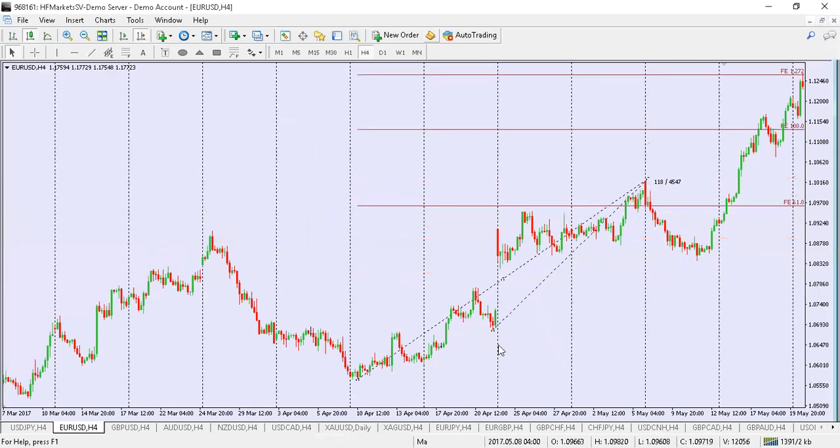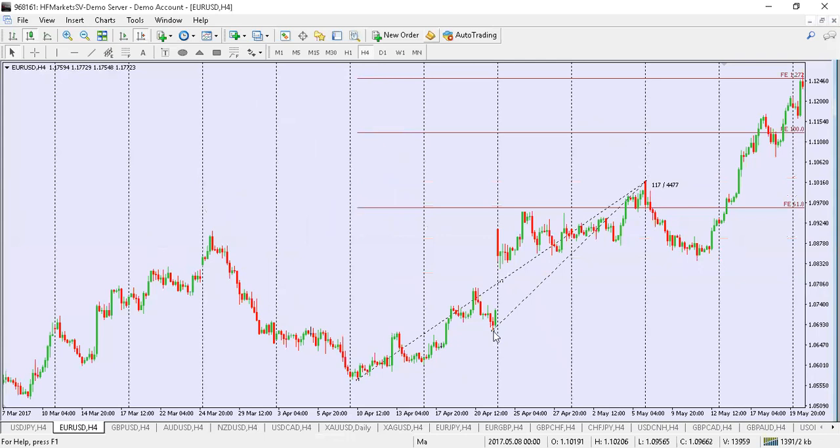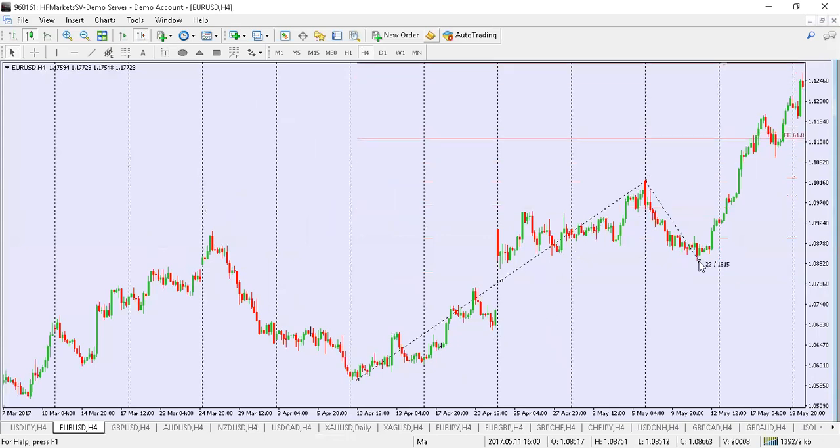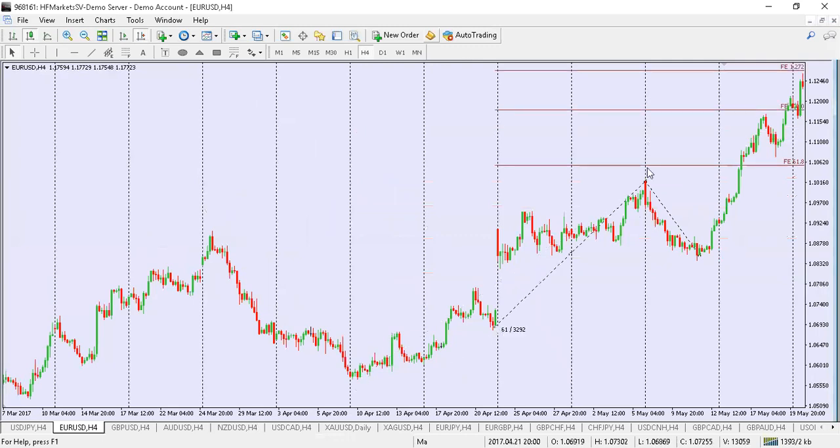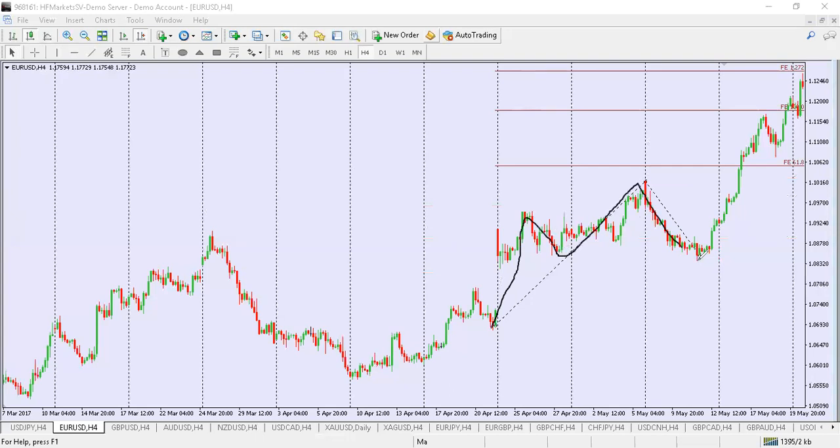So if I take this point here, if I still take it to be an uptrend, that means I can still use the same tool. And on the drawing, someone can say I should start from here. Someone would rather say I should take this point and this point here.